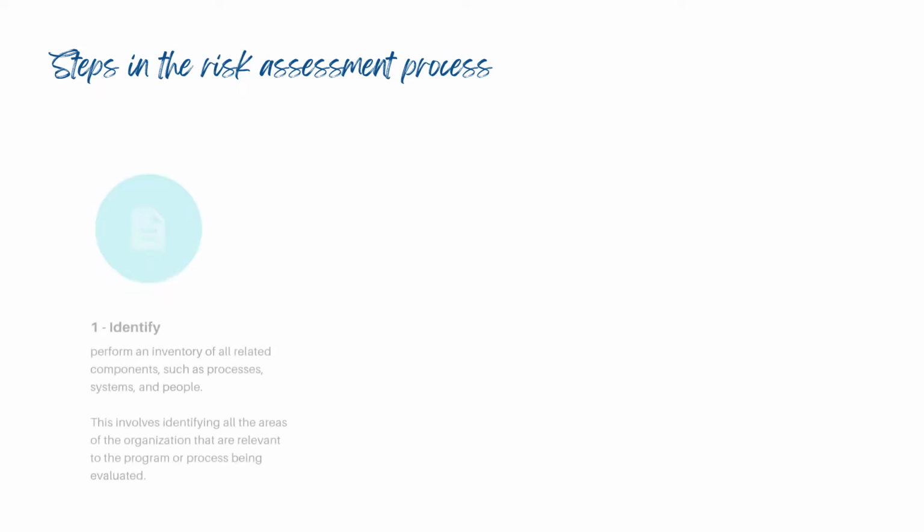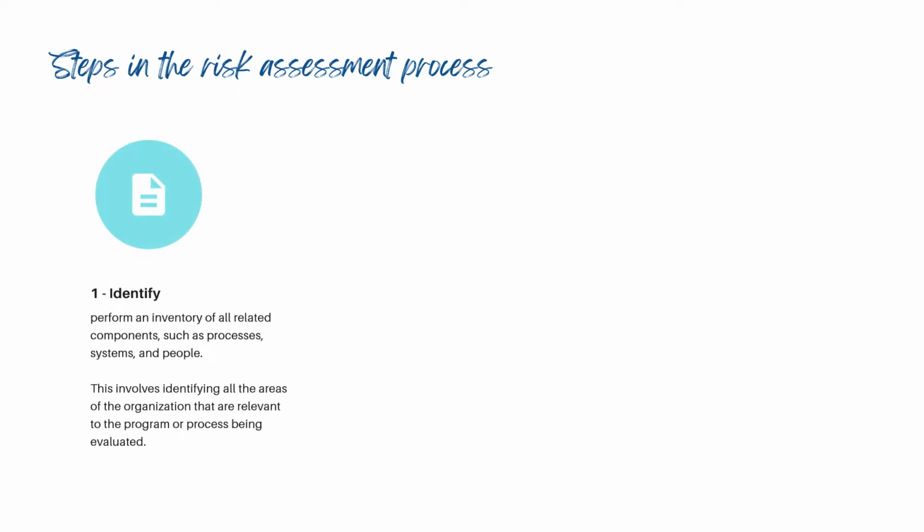What are then the steps in the risk assessment process? First step is to identify. Okay? In identifying, you need to perform an inventory of all related components such as processes, systems, and people.